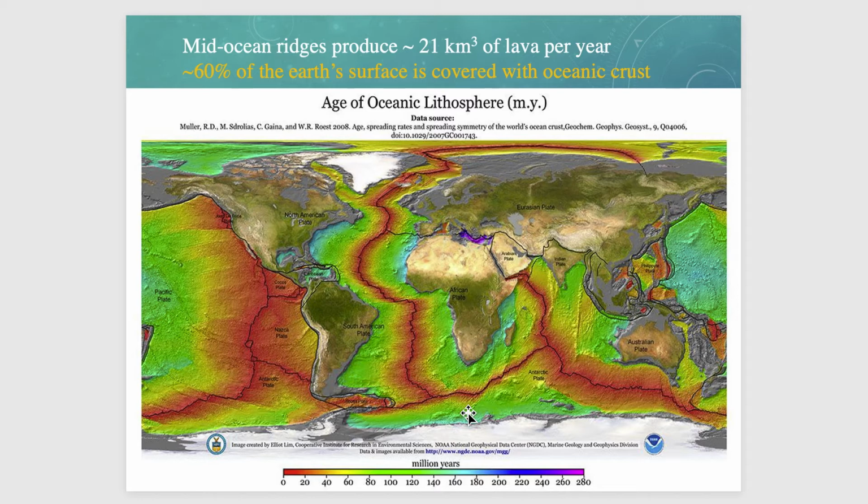So crustal growth on our planet is governed by a number of factors, but what is thought is that the subduction zones and their extent are quite important in regulating the velocity of spreading. And why is that?